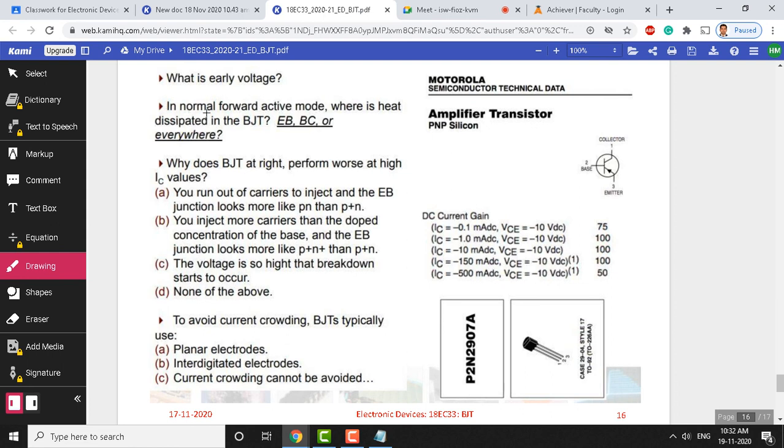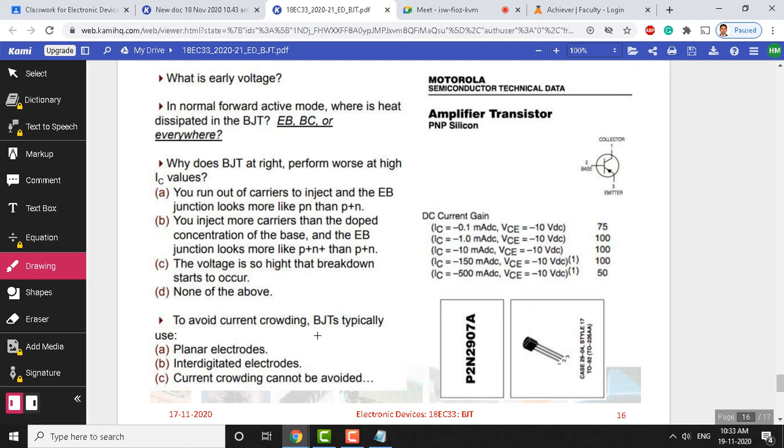What type of heat dissipation occurs in forward active mode, and where exactly does it happen? Why does a BJT perform worse at high collector current values? We have given some choices here. To avoid current crowding, what kind of electrodes do we use? Just think about this, so you can answer it.